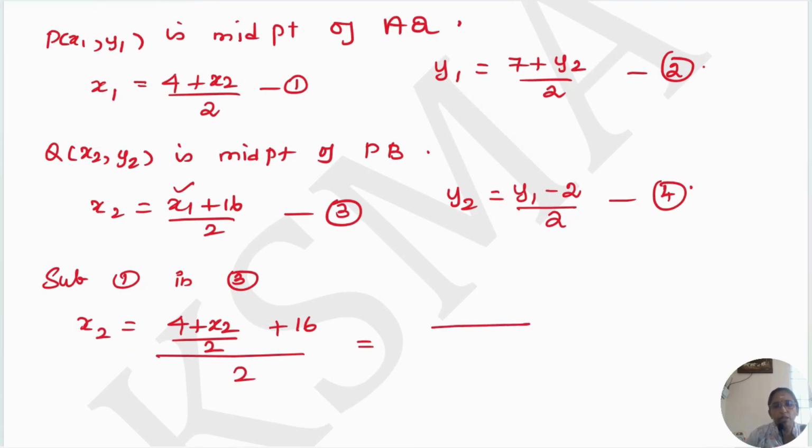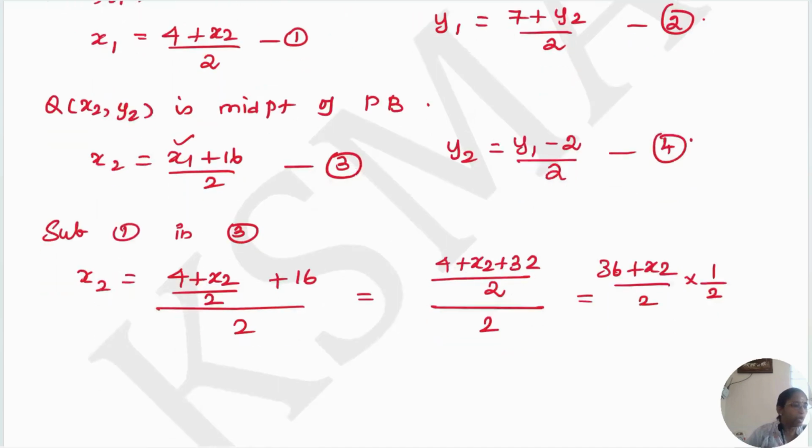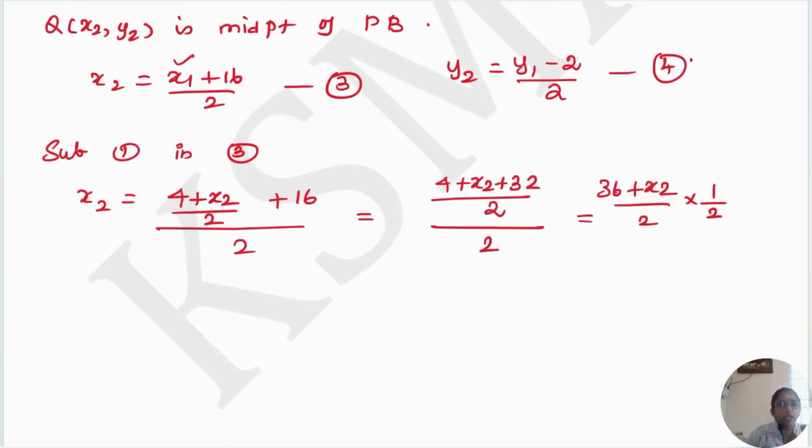In the numerator you take the LCM: 4 plus x2 plus 32 divided by 2. Now take the denominator 2 as a reciprocal with multiplication. So 36 plus x2 divided by 2, and this 2 becomes 1 by 2. So x2 is equal to 36 plus x2 divided by 4.